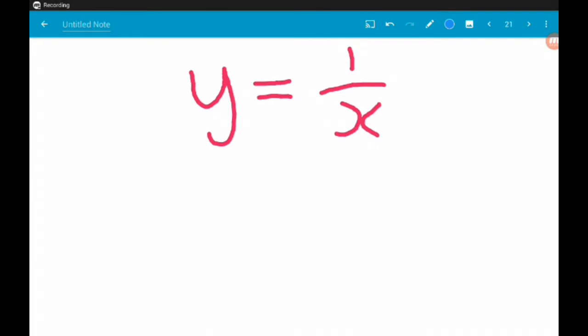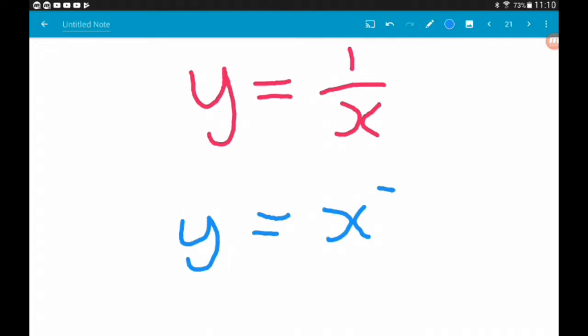Okay, how about differentiating something like this then? y equals 1 over x. So what we need to do here is write this in its index form, so as a power. So hopefully you're alright with indices and you can quite confidently say 1 over x is x to the minus 1, like that.